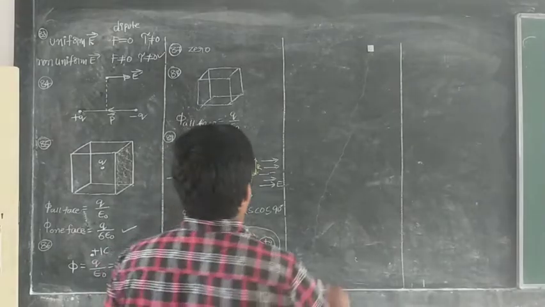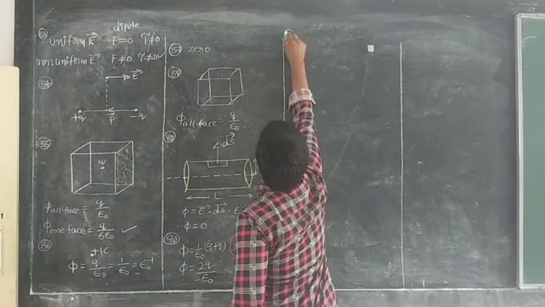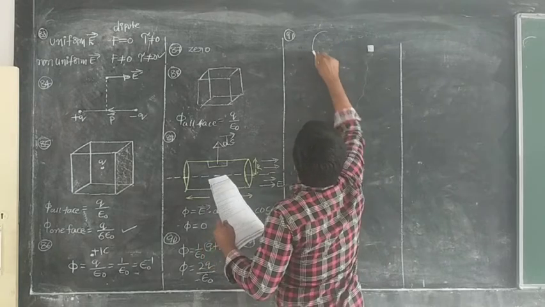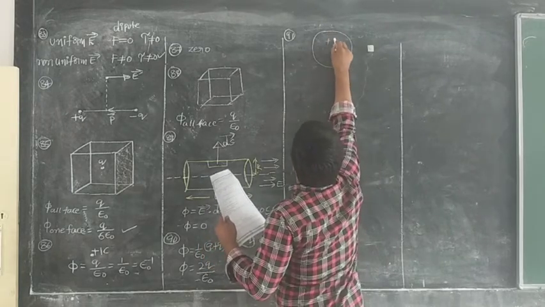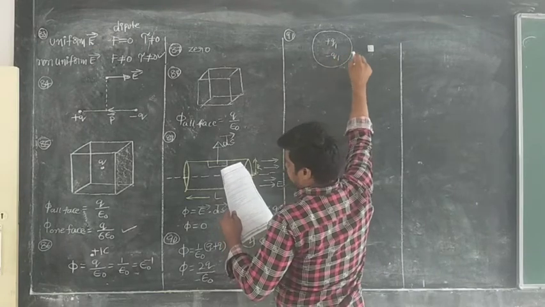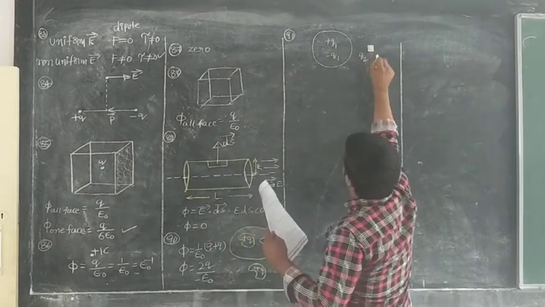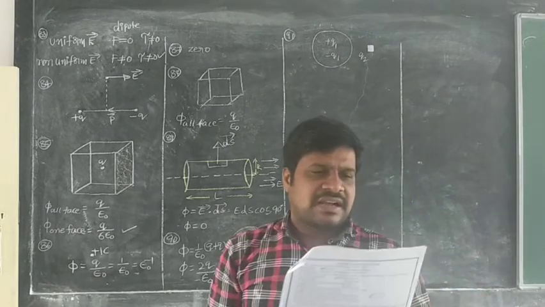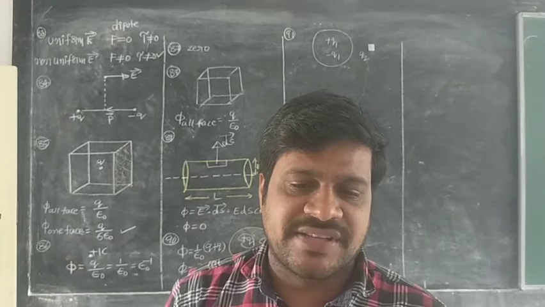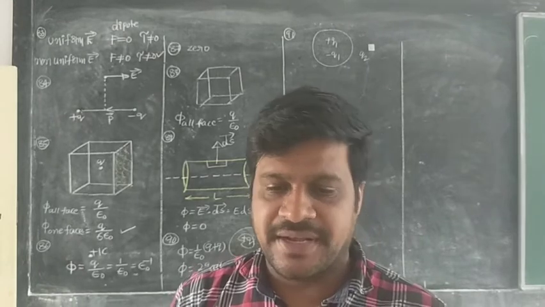Next, 91. Look at the 91st problem. There are charges here: plus q1 charge, minus q1 charge, and here a q2 charge. The question is, consider the charge configuration and spherical Gaussian surface as shown in the figure.